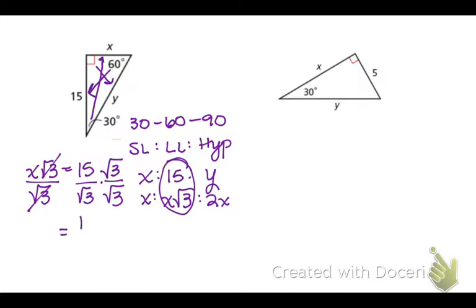The numerator becomes 15 radical 3 over the square root of 3 times the square root of 3, which is the square root of 9, which is just 3. I want to check the numbers in the front. 15 divided by 3 simplifies to 5 radical 3. That is equal to x, which in this triangle is what we refer to as the short leg.